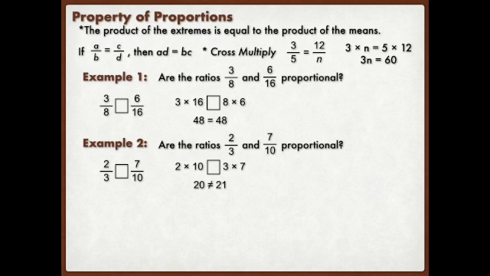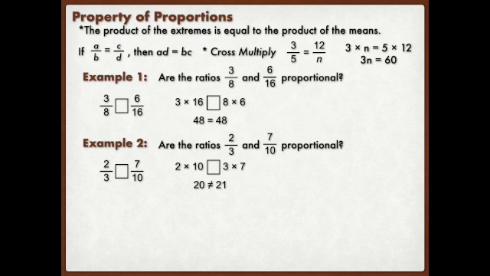Okay, here's a little example. 3 over 5, or 3 to 5, is equal to 12 to n. So I need to cross multiply this. I need to multiply 3 times n and then 5 times 12. When I get 3 times n, I can't really do anything. But when I cross multiply 5 times 12, I get 60. But I'm not done yet. I need to isolate n.